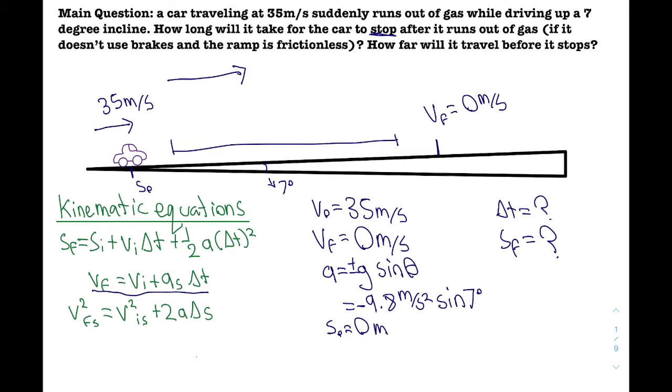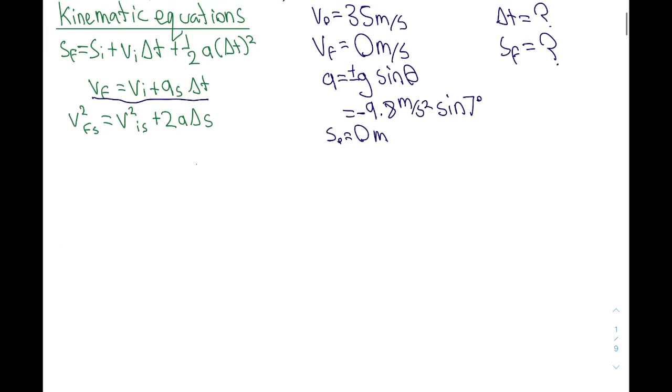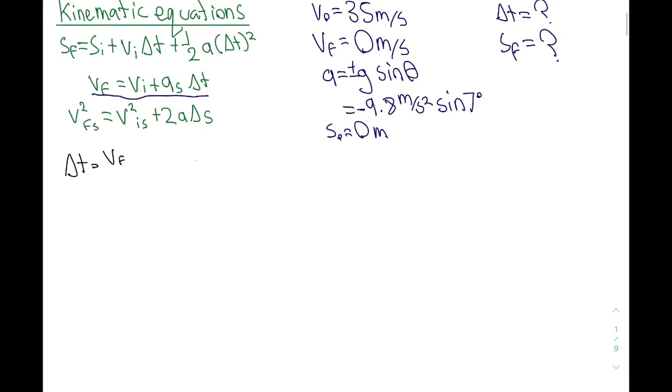So we're going to isolate for change in t, and that's going to give us V final minus V initial over A. That's going to be 0 minus 35 meters per second over negative 9.8 meters per second squared times sine of 7 degrees.